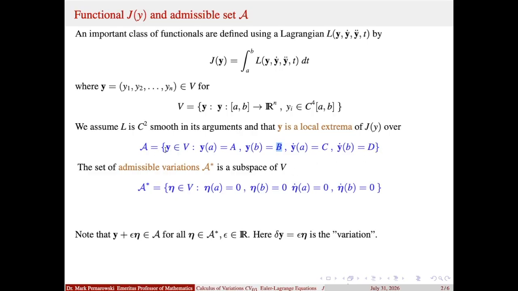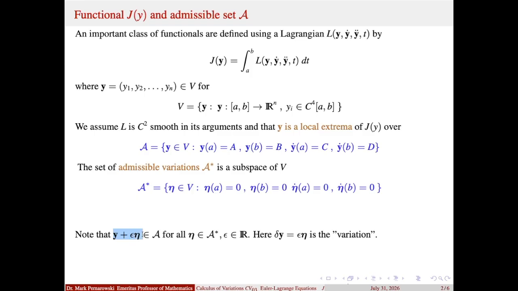So if that is the admissible set, then we need to understand what the admissible variations of that are. And basically, it's fairly easy to see that the admissible variation should be the etas in that vector space that are 0 on each and every one of the boundary conditions above in A. Why is that? Because I want to be able to take a y out of the set A and add epsilon times eta and still be in the set A, because I'm going to be comparing these sums.